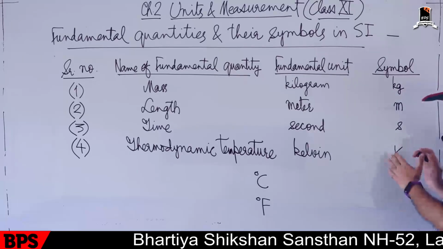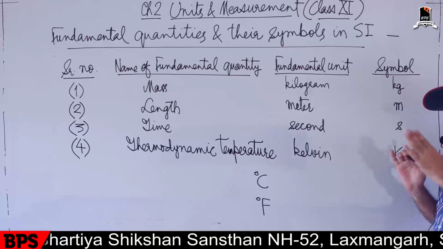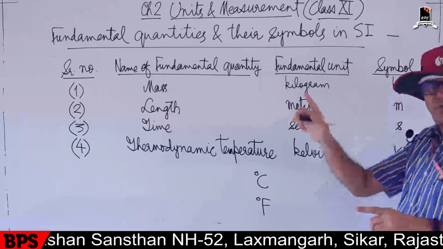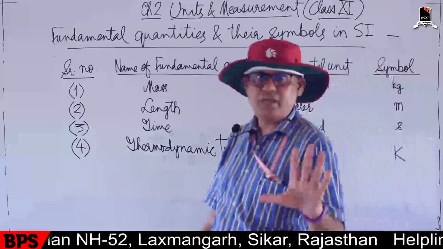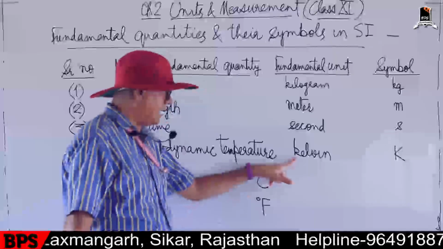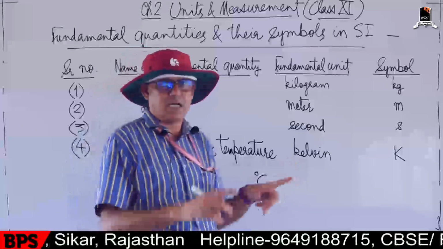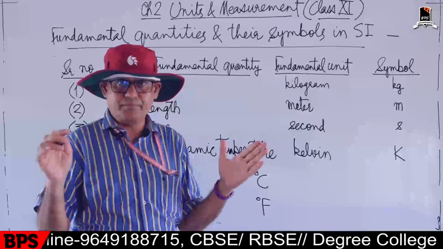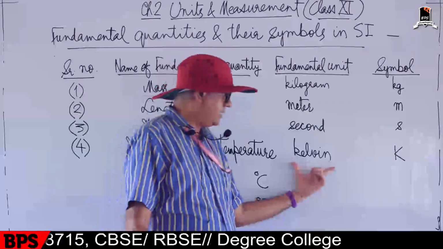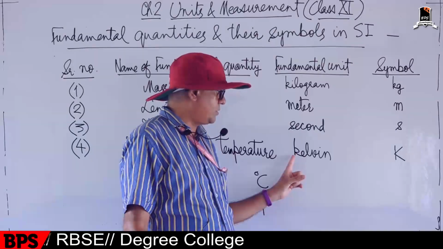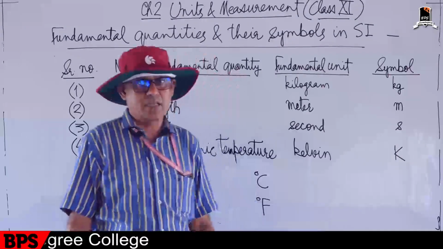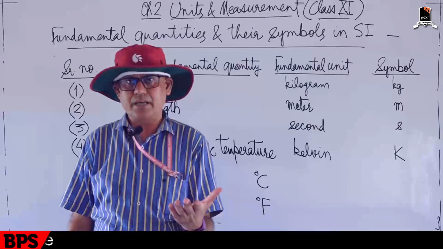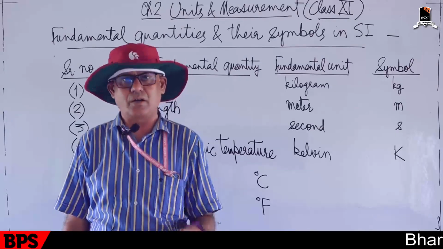And when you write this unit in full form, then you will not use capital K. Whenever units are written in full form in a word, then always use small case letters, whether it is in the name of a scientist or not.